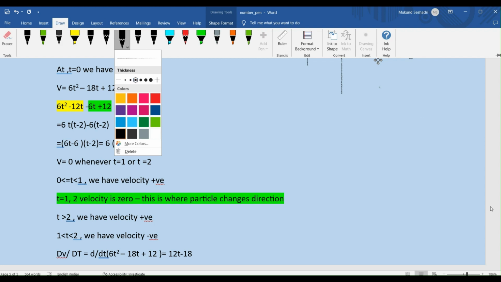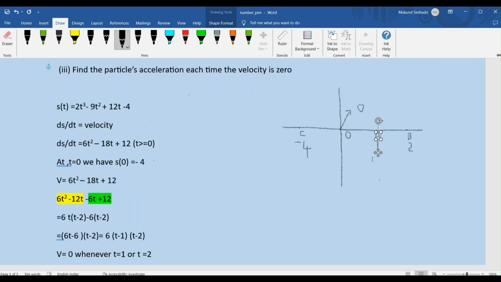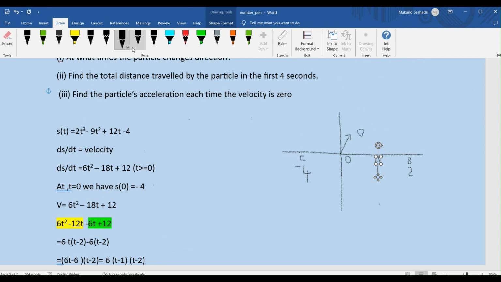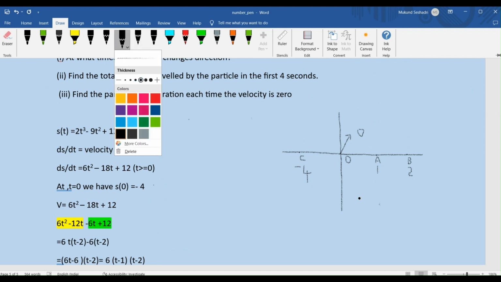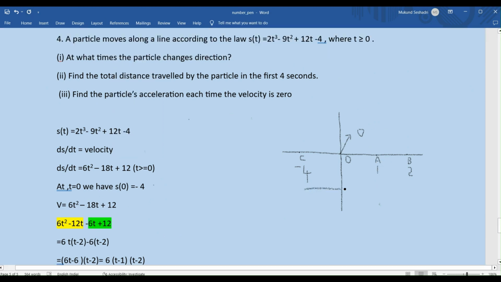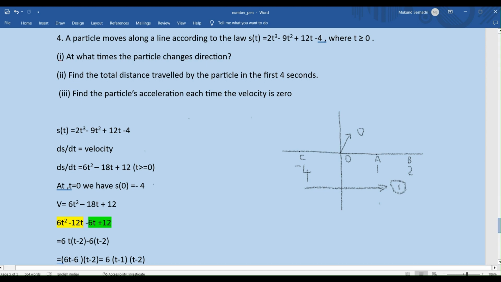So let me draw this so that it becomes easier. We move this way, and let's call this step 1. And we know that at point A, we change the direction.